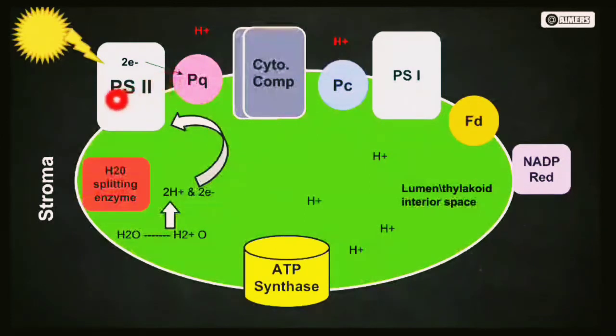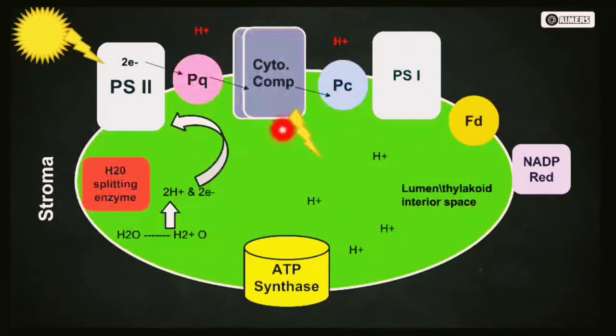Now, what happens is that when these electrons come to a lower energy level, like the cytochrome complex and then plastocyanin, when they reach plastocyanin, these electrons release all of the energy that was absorbed by them. This is the same amount of energy which was absorbed by the electrons.